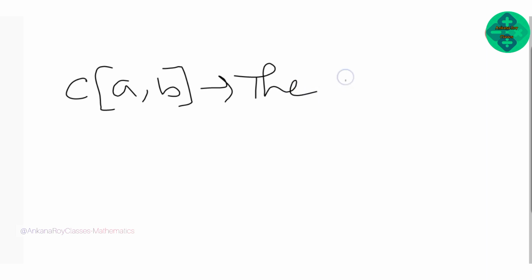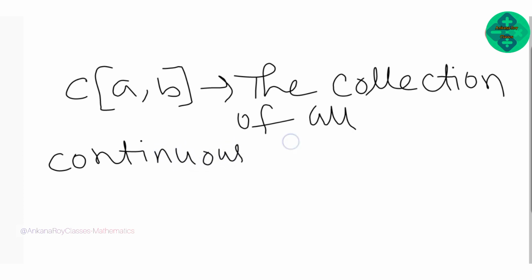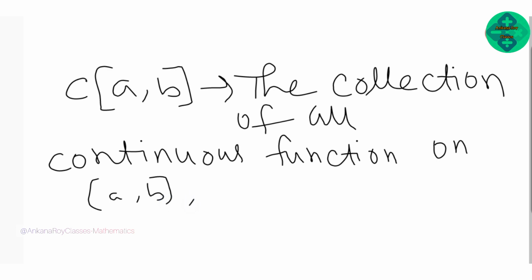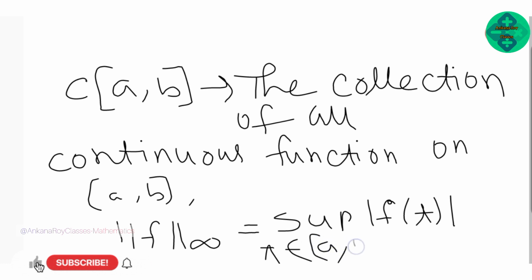Similarly, if we take the space C[a, b], that is the collection of all continuous functions on the closed interval [a, b], the norm on this space is norm f, denoted by norm infinity, is equal to supremum of mod f(t), where t belongs to [a, b].